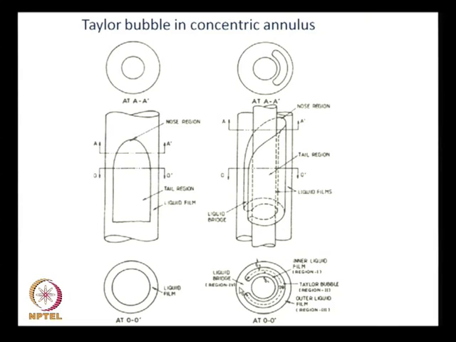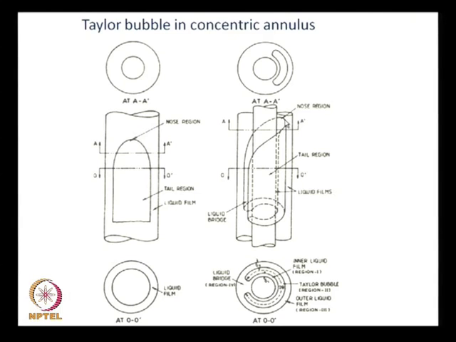So, just imagine in the circular pipe, if we simply insert a rod, how much more complicated the situation becomes, even for the simplest case of two-phase flow. So, this is very evident. The bubble becomes distinctly asymmetric, and more importantly it not only becomes asymmetric, but the nose becomes much more pointed as well.